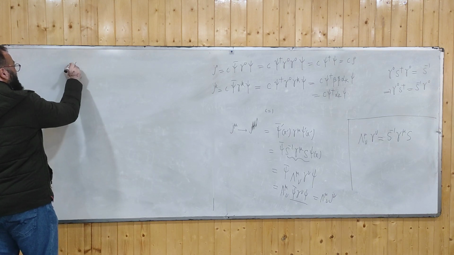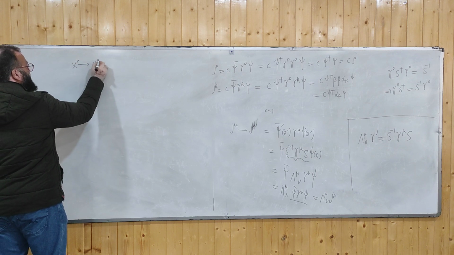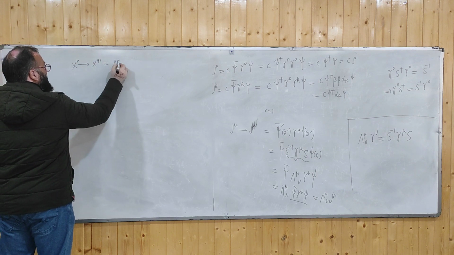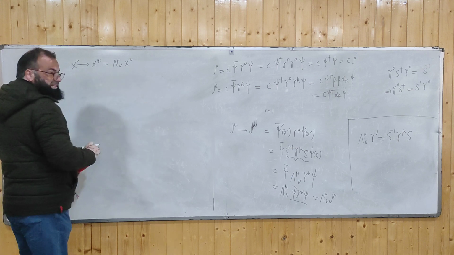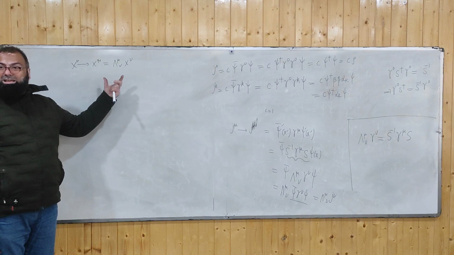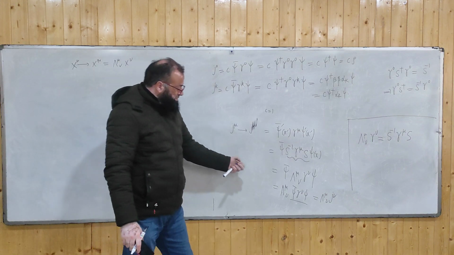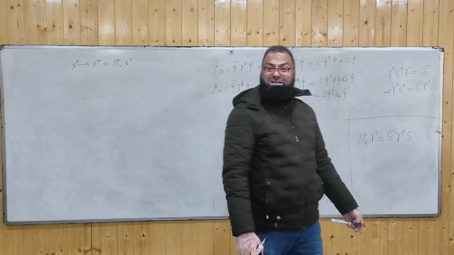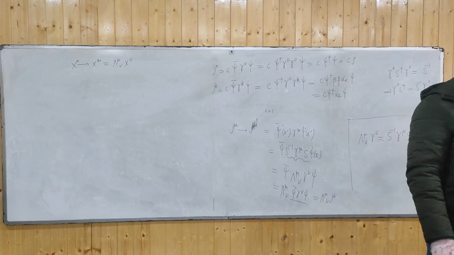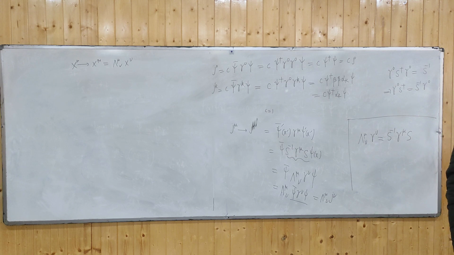How does a vector transform under Lorentz transformation? x prime mu is equal to lambda mu nu x nu. This is how a 4-vector transforms. So that means this J mu transforms as a 4-vector under Lorentz transformation. It's a vector. Clear? Got it?